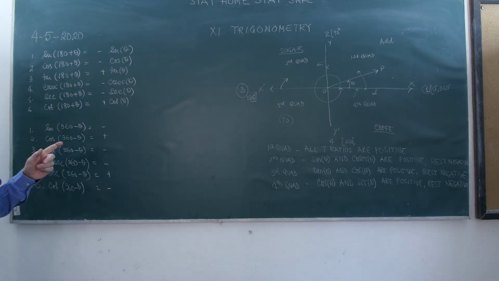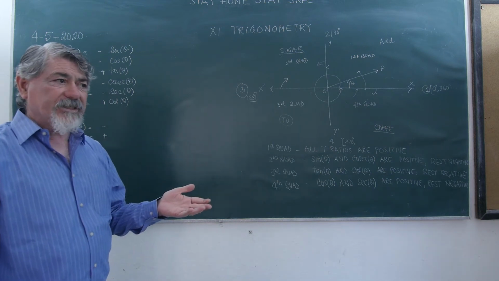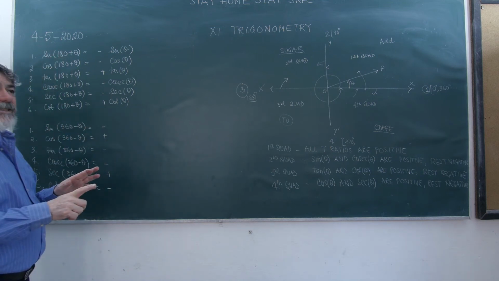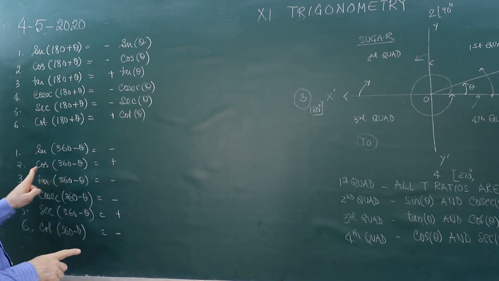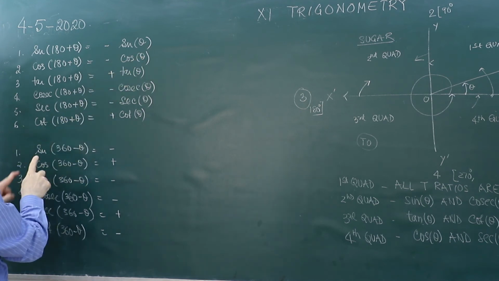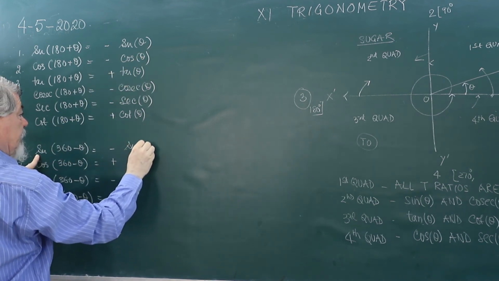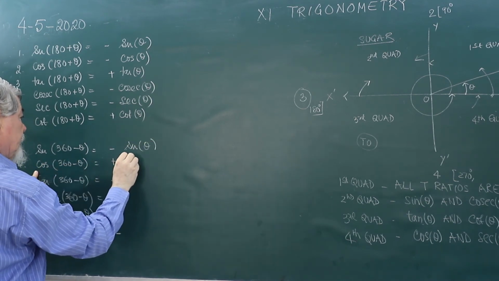And this is 360 minus or 360 plus theta. Sine will remain sine, cos will remain cos, tan will remain tan, like 180 plus theta. So sin(360 minus theta) will be minus sin theta. Cos(360 minus theta) will be plus cos theta.